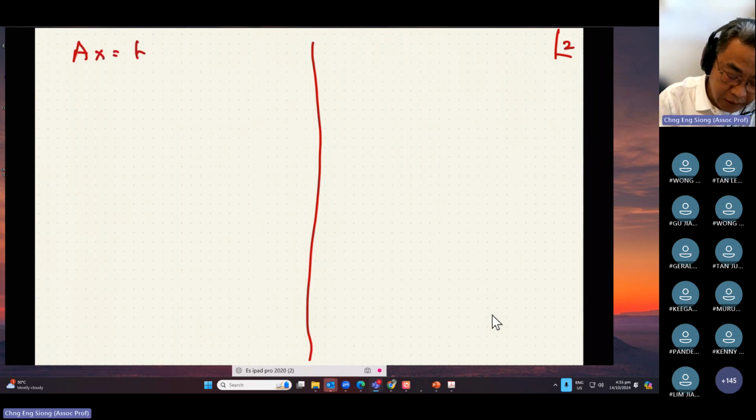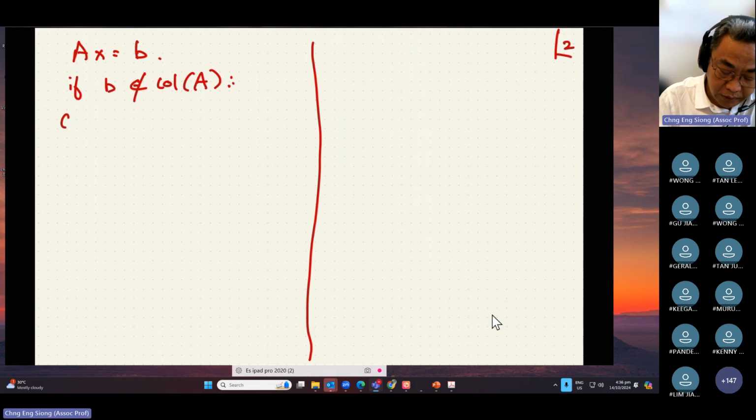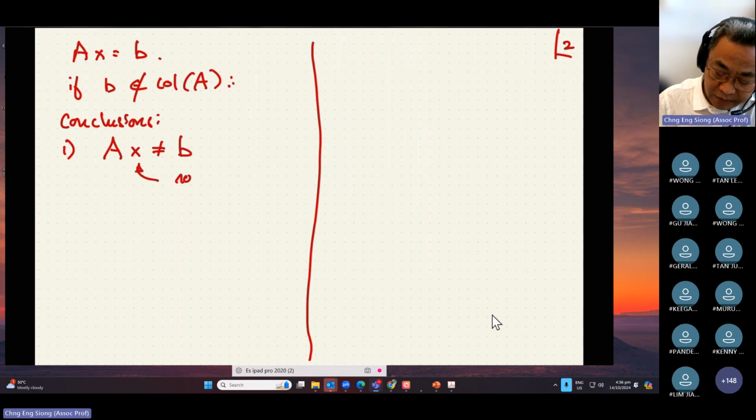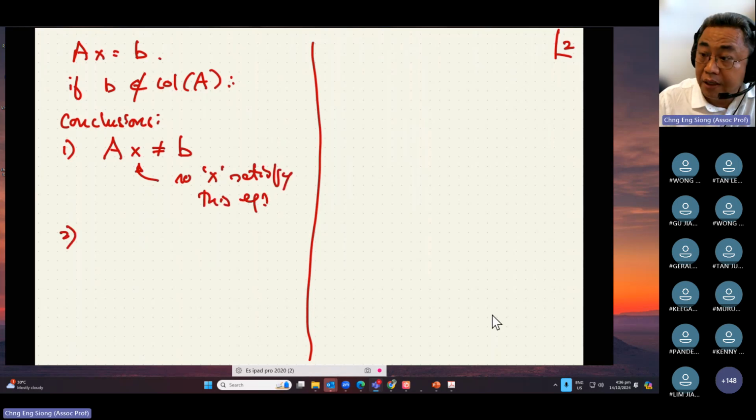Ax equals to b. If b does not belong to the column space of A, what can we conclude? Conclusions? No solution. Yes. Ax can never equal b. No x satisfies this equation. That's one. Two, inconsistent equation. Inconsistent.